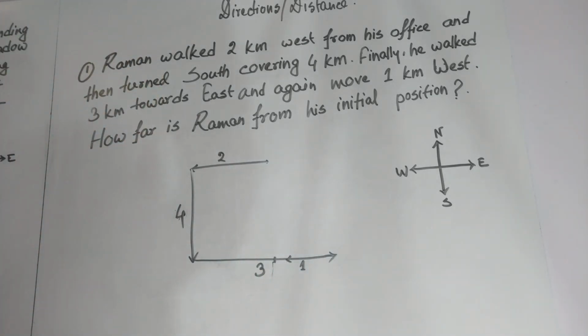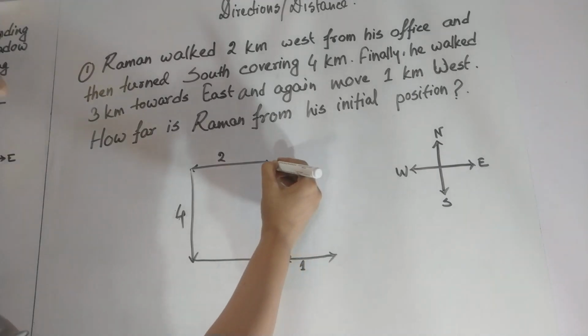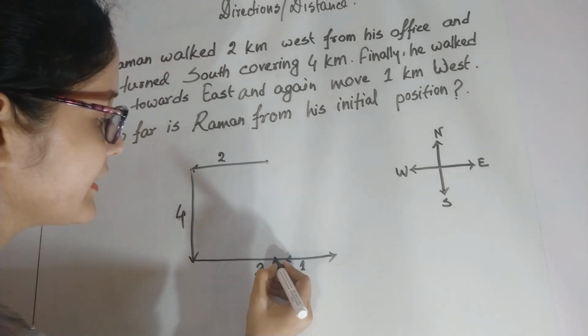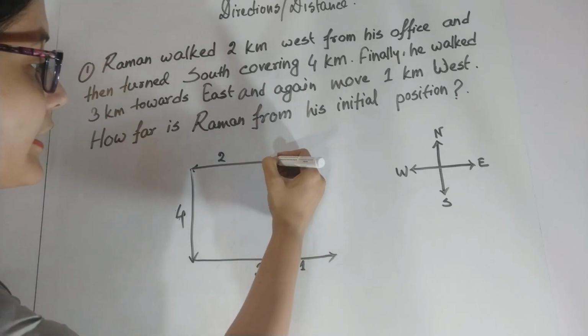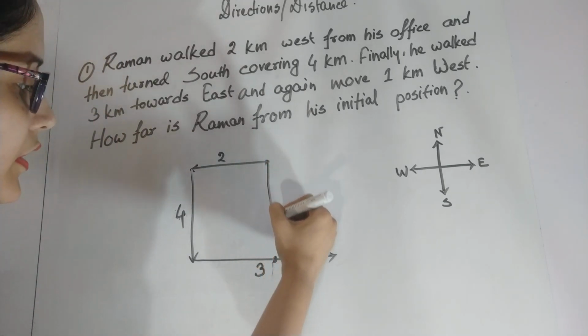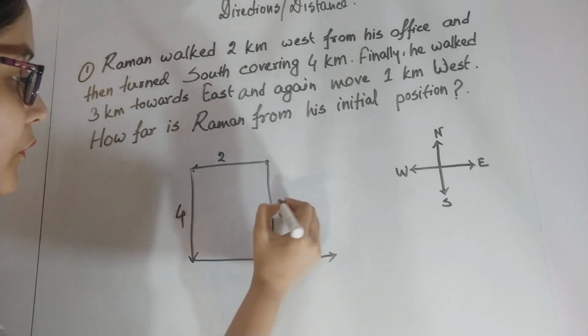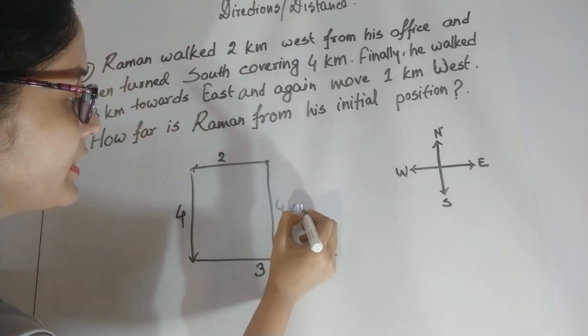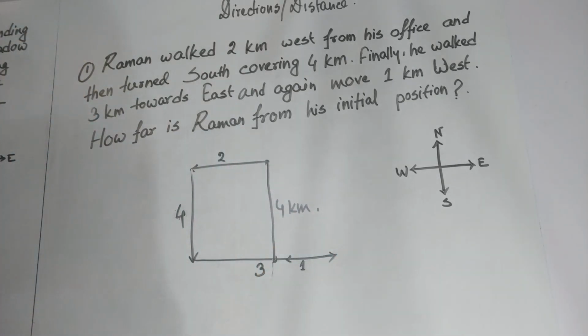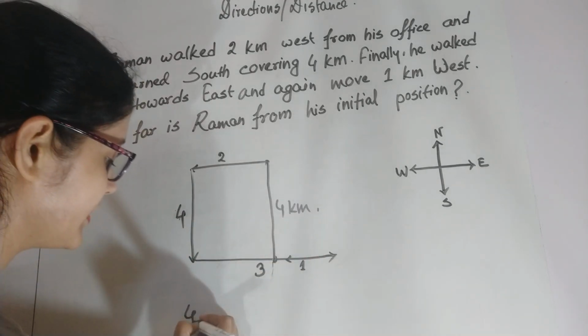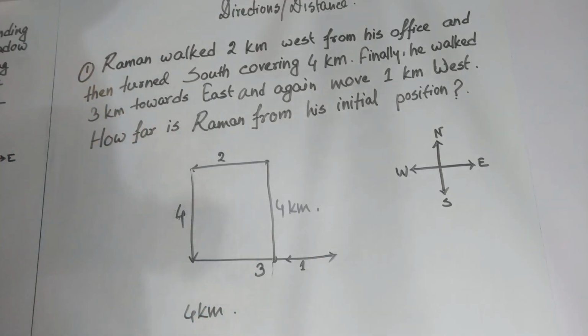How far is Raman from his initial position? See, Raman is here now and he started from here, so he is absolutely 4 km away from his initial position. It's very easy. So 4 km will be the answer.